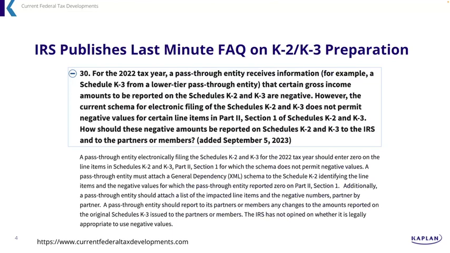And the actual question you're going to see on the website essentially says: for the 2022 tax year, a pass-through entity receives information, for instance, a Schedule K3 from a lower tier pass-through entity, that certain gross income amounts reported on Schedules K2 and K3 are negative.